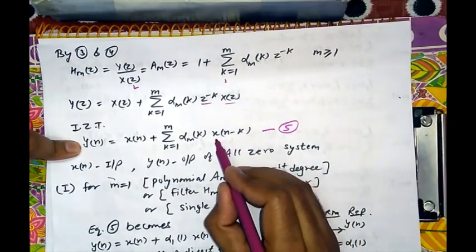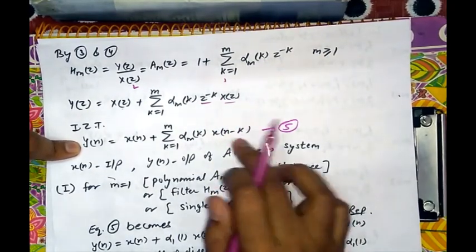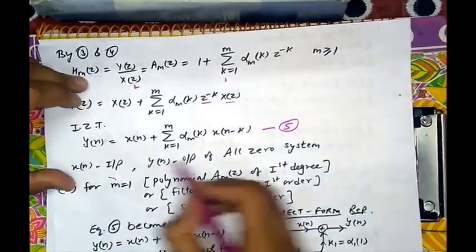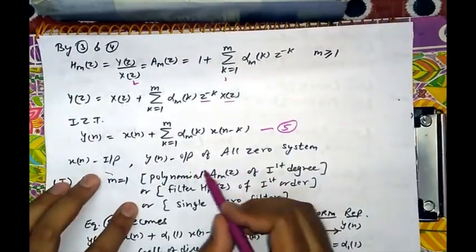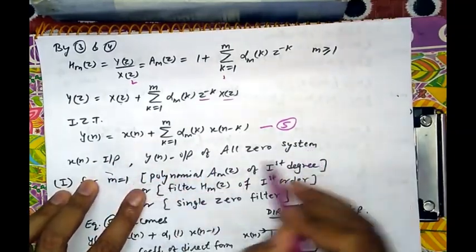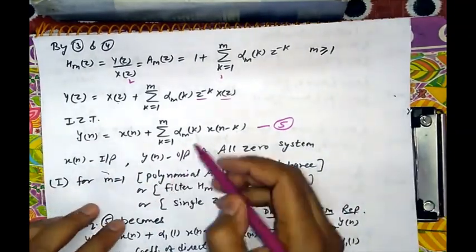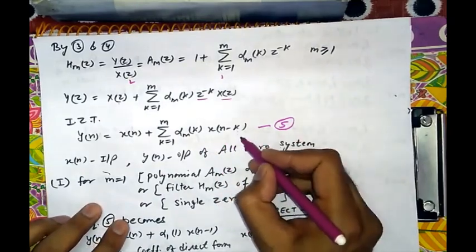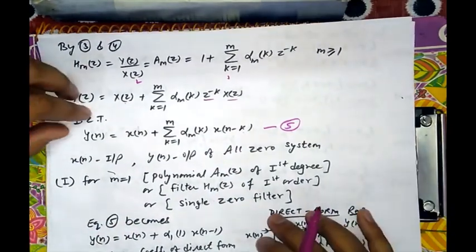By the shifting property, it becomes x(n minus k). So this is the expression for the output of an all-zero system, where x(n) is the input. We will use this equation multiple times, please remember it.